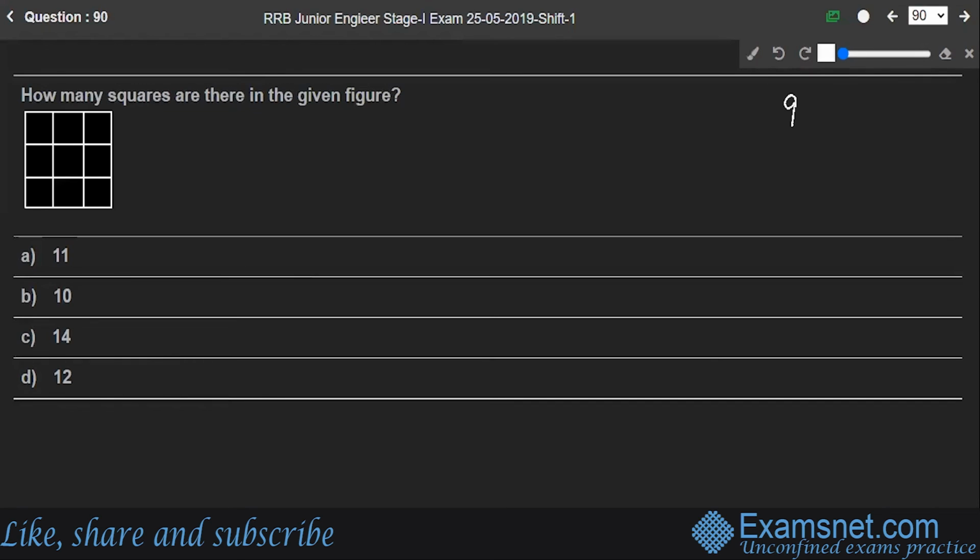Here you have the 10th and the 11th, then the 12th, and then the 13th, and then the last one, the bigger one, the complete one, the 14th. So how many total squares were there? 14 squares. This is the answer to the question. Hope you got that. Let's move to the next question then.